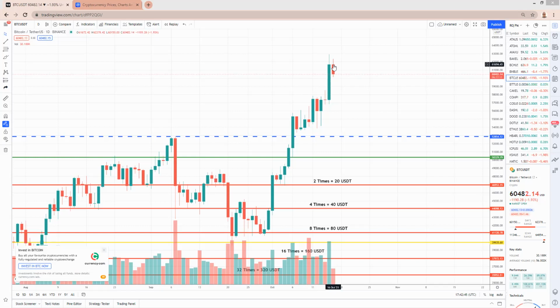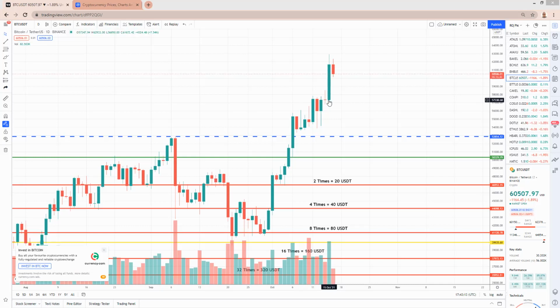So always, the opening price and the closing price will be the same. You can see with these particular candlesticks, yesterday's candlestick closed here, and the color is green. When the color is green, it means the closing price is higher than the opening price.